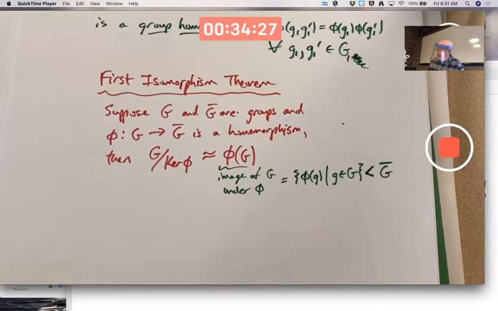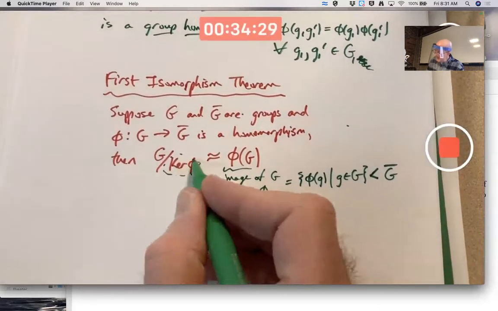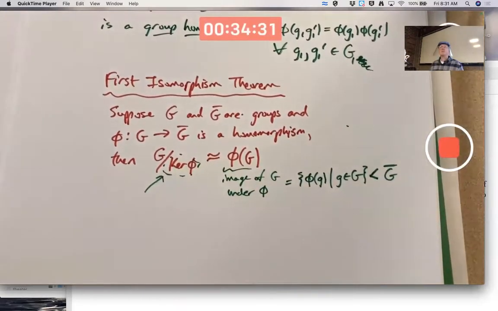What is the kernel of phi? Again, you've thought about this concept in linear algebra, the kernel of a linear transformation, also called the null space of its matrix. What's a null space of a matrix? It's the set of all vectors x such that A times x is the zero vector. Kernel of a linear transformation T between two vector spaces, set of all vectors x that get mapped to the zero vector.